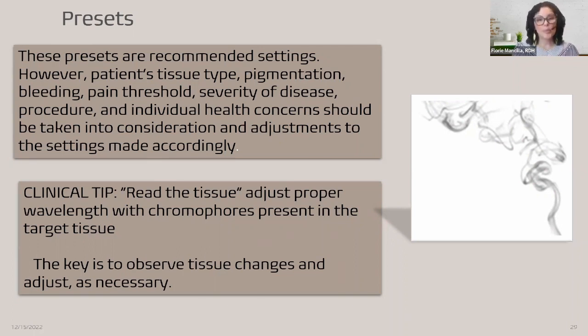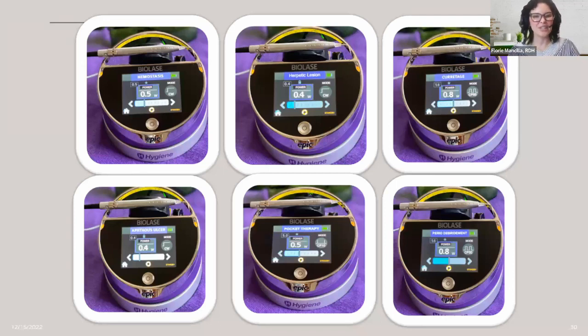So even though there are presets that come along with the laser, it's really important to look at the tissue, make sure that it's not turning black, and that you're able to adjust the wavelength with the proper chromophore present in the tissue. So you're going to be observing the tissue as you're working, even though these do come with pretty easy to use, straightforward settings. You would mostly be adjusting your power output here, or you can adjust the modes as needed.